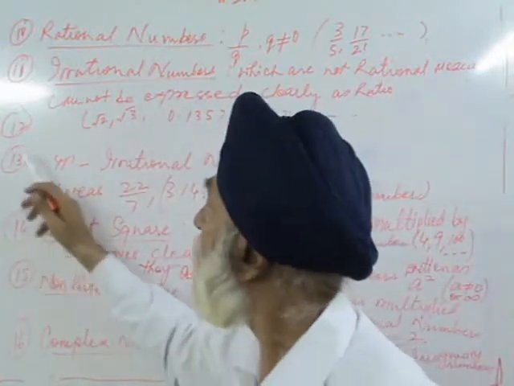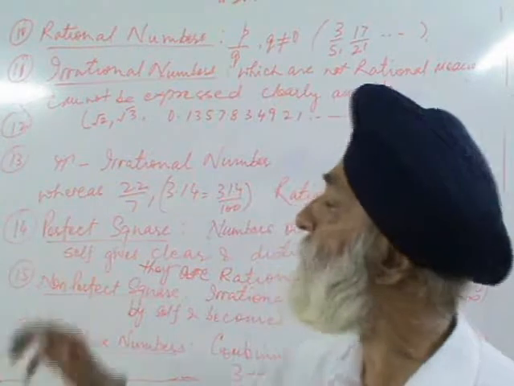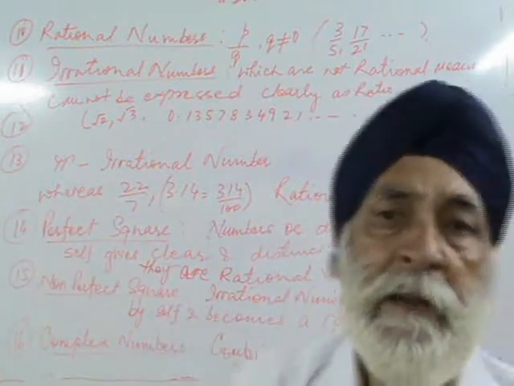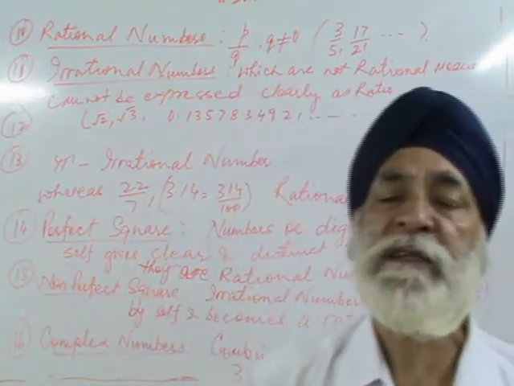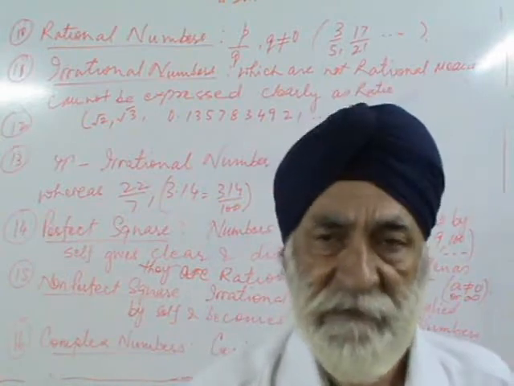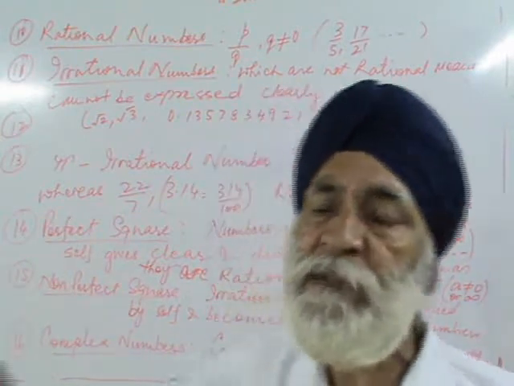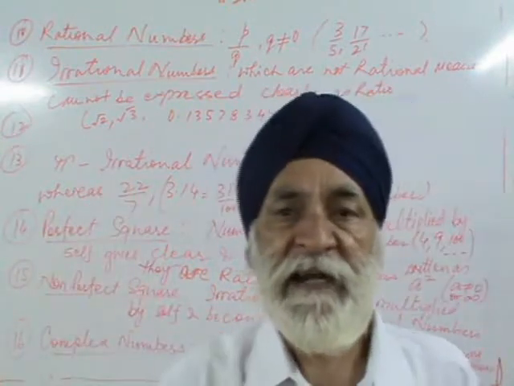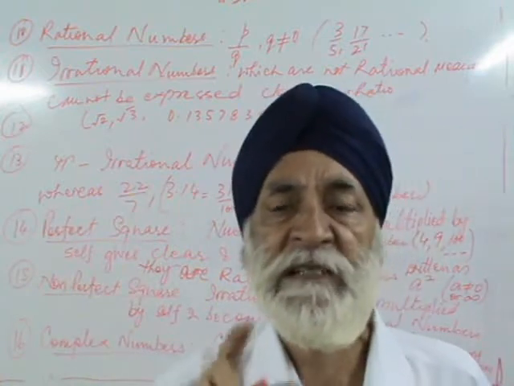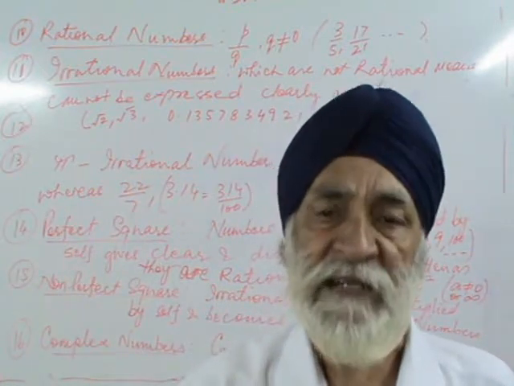Coming to a specific example, pi, you are very well aware. Pi is a word used for the angle as pi radian. Now you will ask me, let me explain a little bit. What is a radian? You have seen a circle. What is a circle?